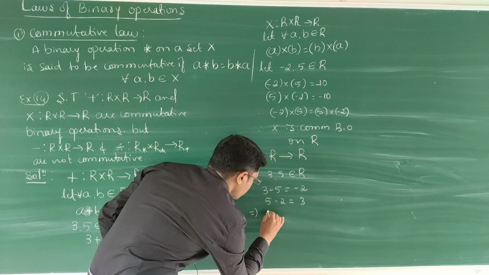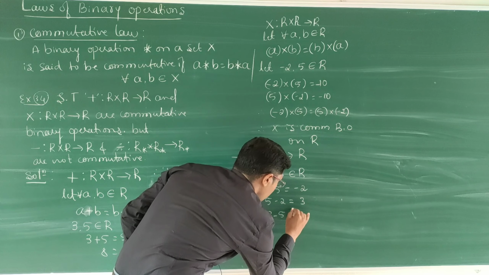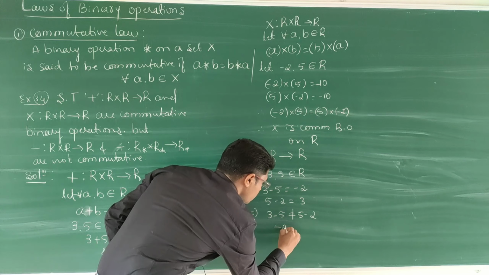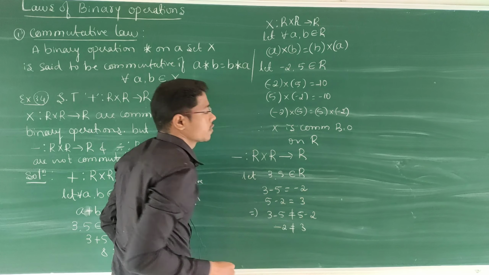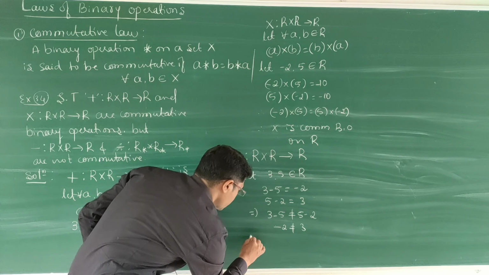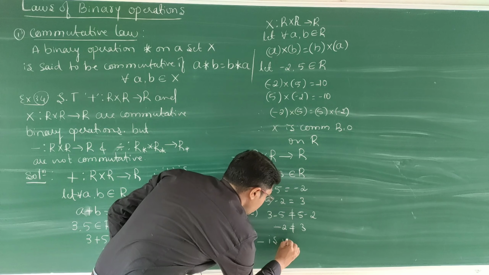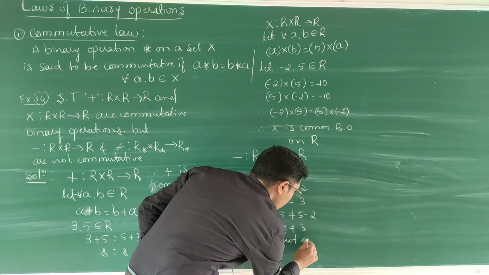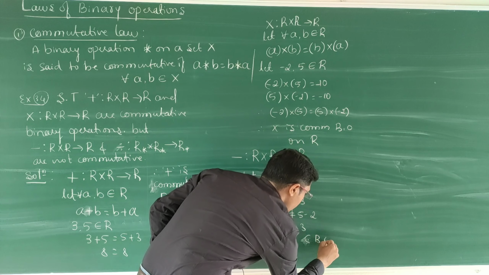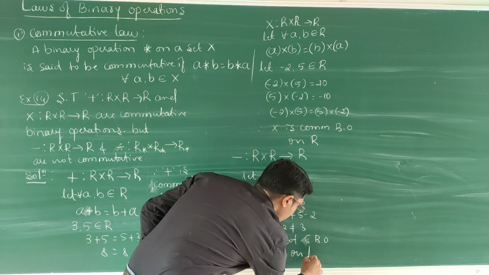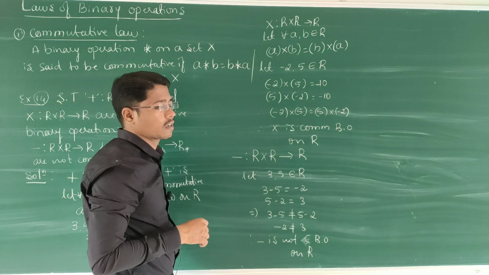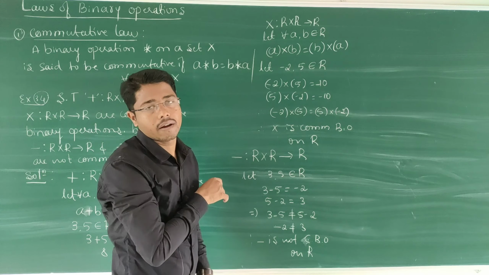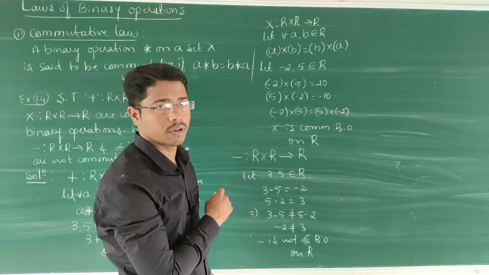This implies 3 minus 5 is not equal to 5 minus 3. Therefore subtraction is not a commutative binary operation on the set of real numbers. Keep in mind, these are the standard examples for the commutative law.